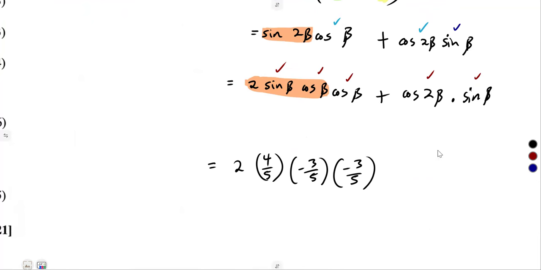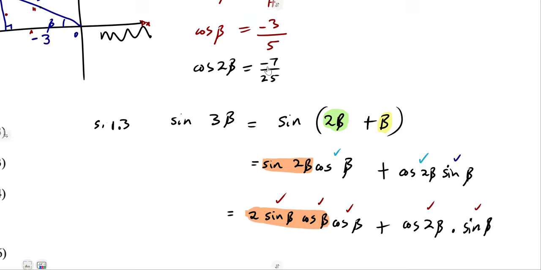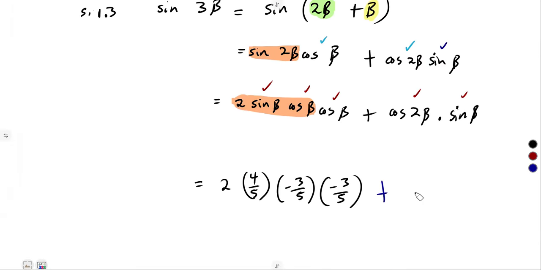Plus, you're going to add the cos of 2 beta, which is negative 7 over 25, the one that we calculated before, times the sine of beta. Remember, the sine of beta is 4 over 5. We substituted this one before.